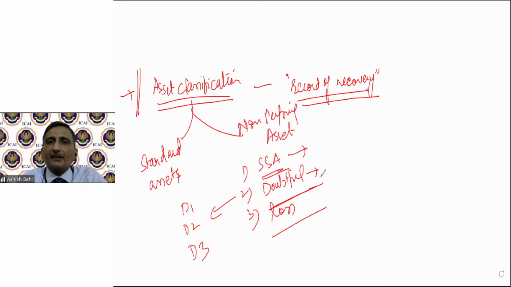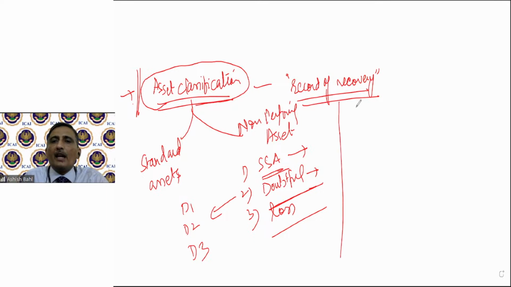And a loss asset is one where the security value has gone down drastically, or security is missing, or the party has fled away. So these are the things related to asset classification.